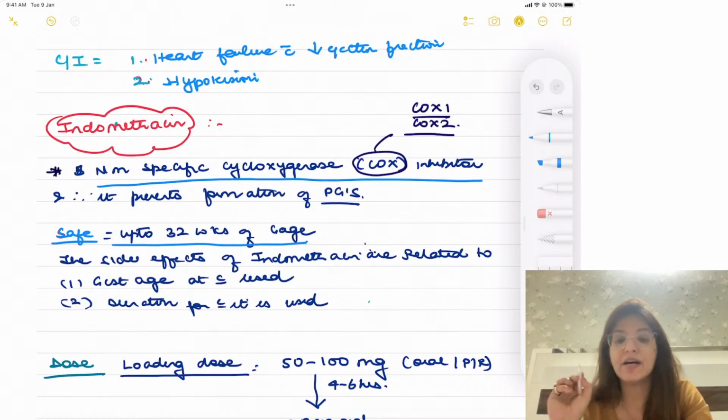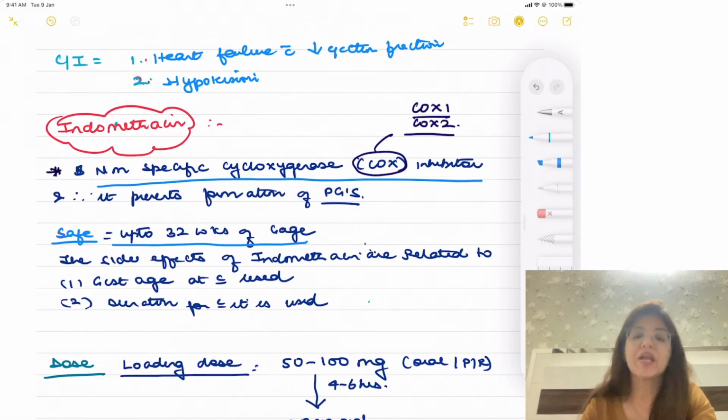Now, an important point: indomethacin is safe up to 32 weeks of gestation. So as a tocolytic, you can use it up till 32 weeks. The side effects of indomethacin are related, number one, to the gestational age at which it is used, and number two, to the duration for which it is used.